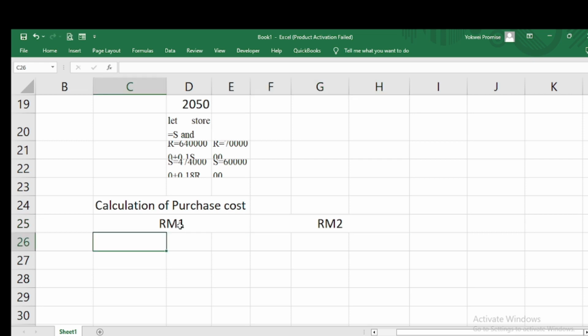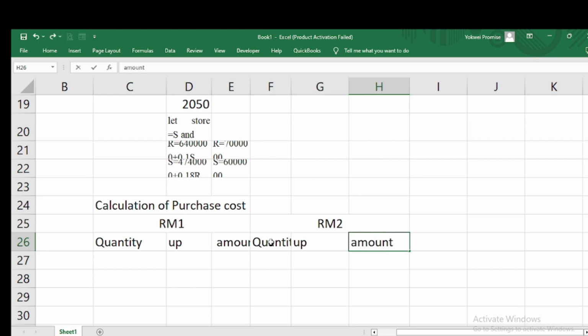We have the quantity, unit price, amount, quantity, unit price, amount.